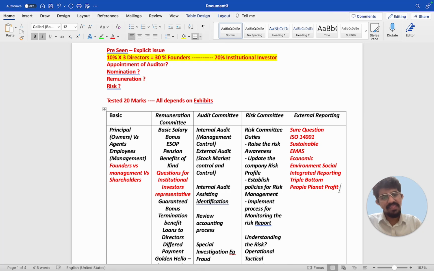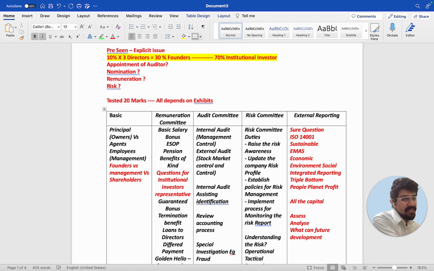But the mistake they make is they write down everything. Example, integrated reporting, the students will write all the capitals. Please don't write all the capitals, headings, no. You have to always write assess. The verb will be assess or the verb will be analyze. Then students, you have to identify what can be the future values, what can be the future development, and please avoid going for a pure theory answer here.